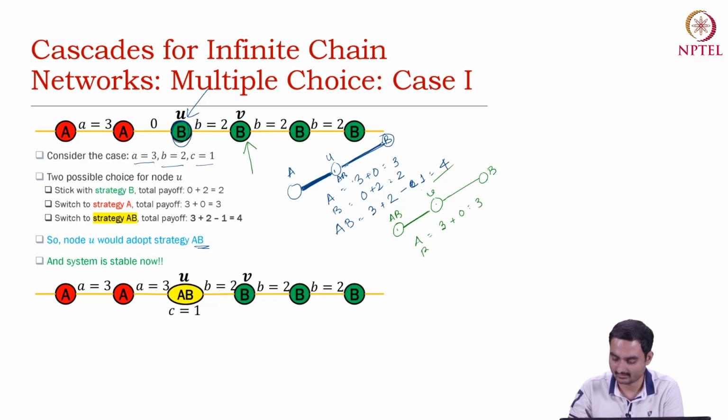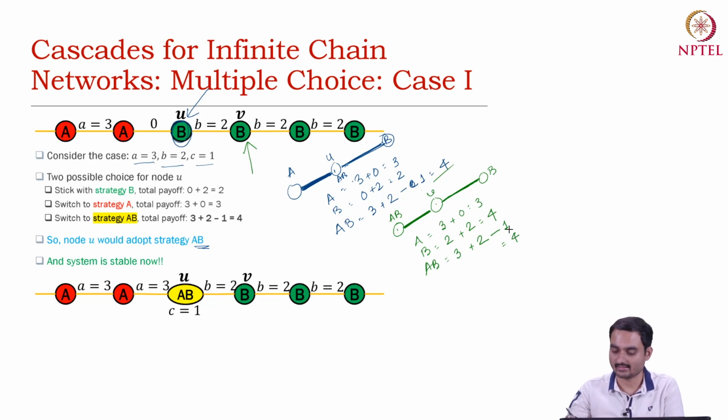If it adopts B, 2 plus 2, right, 4. B payoff, small b payoff. For this you also get small b payoff. What about AB? For this you get max of A and B, which is 3. For this you get B, which is 2. And you will also incur a cost, right, 1. So this would all be 4.